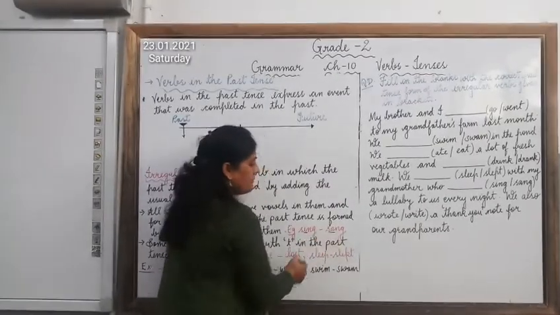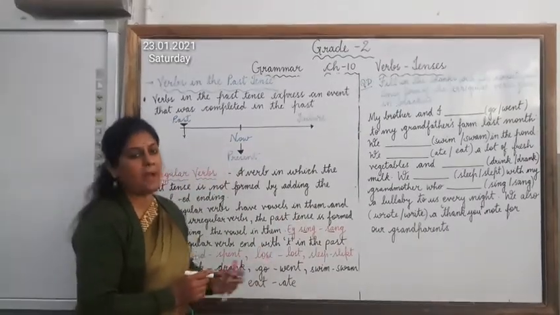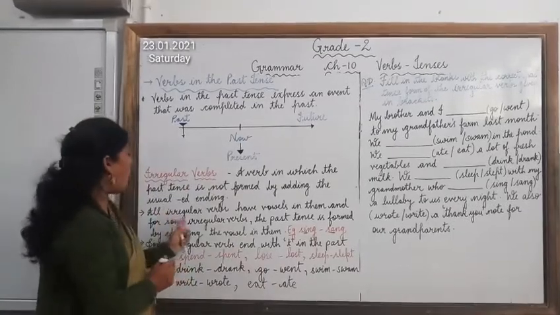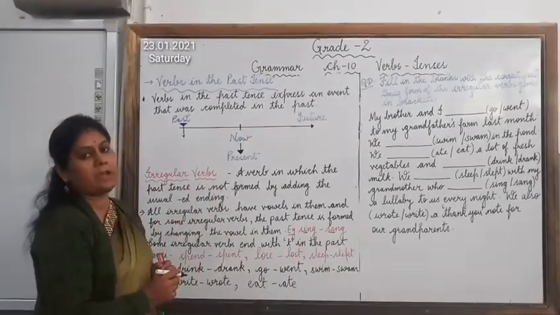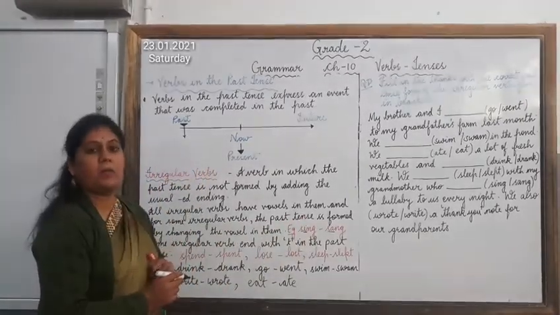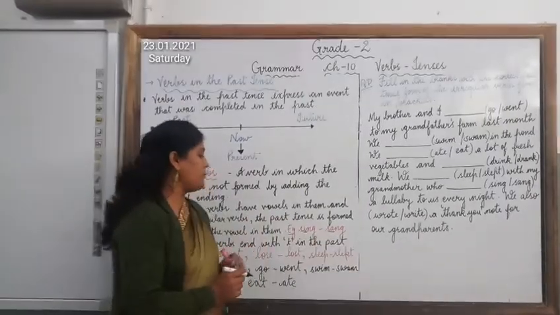Here you can see I have changed the vowel I to a. So in the past tense, sing will become sang. As one example I have given to you, sing, sang.